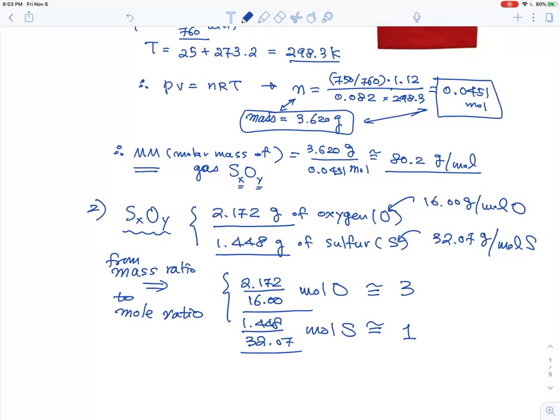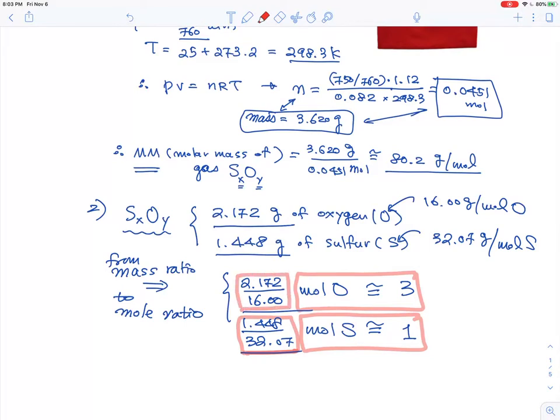Now I have a very important piece of information, because one thing I find is that when you divide the top number by the bottom number, it becomes roughly about 3. So it's a 3 to 1 ratio.